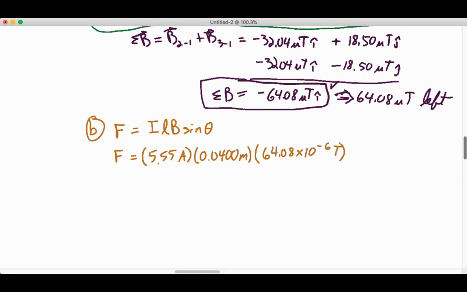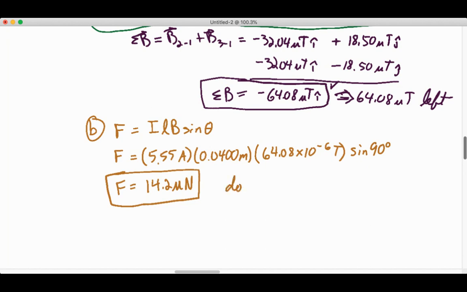I'm writing it out this way because we're going to put it in our calculator, times the sine of the angle, and we just determined that that angle is actually 90 degrees. So if you do all of this in the calculator, you're going to end up with 14.2 times 10 to the minus 6, so micro, and the units are newtons. So there is our force. And what direction is this? We figured out that this is going down.